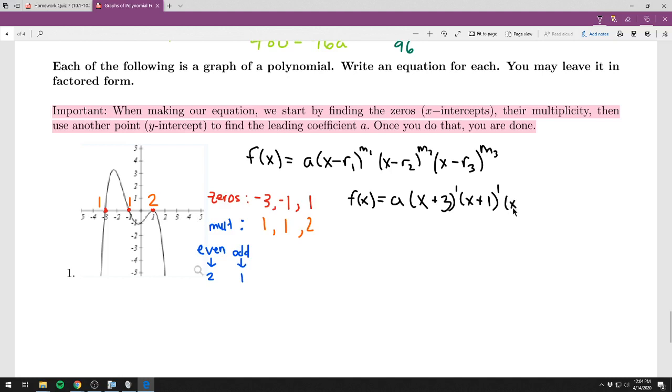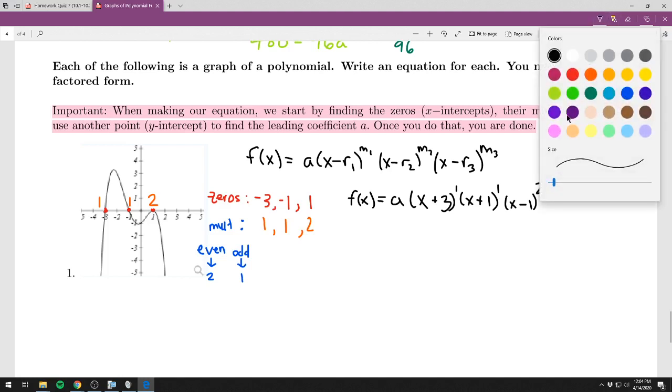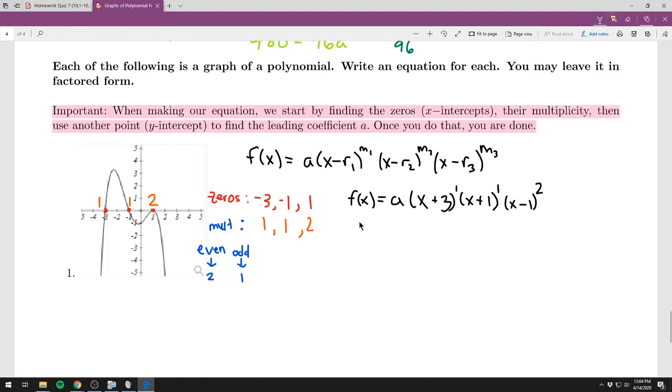We get x minus 1. And the multiplicity of that is 2. The power there is 2. And I'll just clean this up a little bit by getting rid of those 1 powers, because they don't need to be there. But don't do anything else as far as multiplying it out. This is plenty far enough.